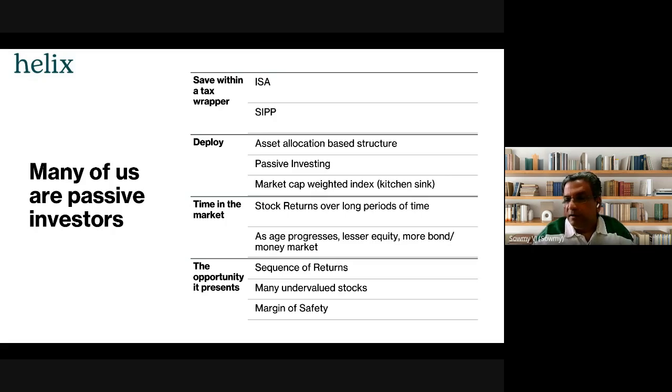Many of us here in the UK use tax wrappers. The HMRC knows every penny that you put into these wrappers. You can't really take it out that easily, right? It guarantees the investment phase, but does not guarantee the withdrawal phase. All the brakes will start hitting in when you start thinking about withdrawals.